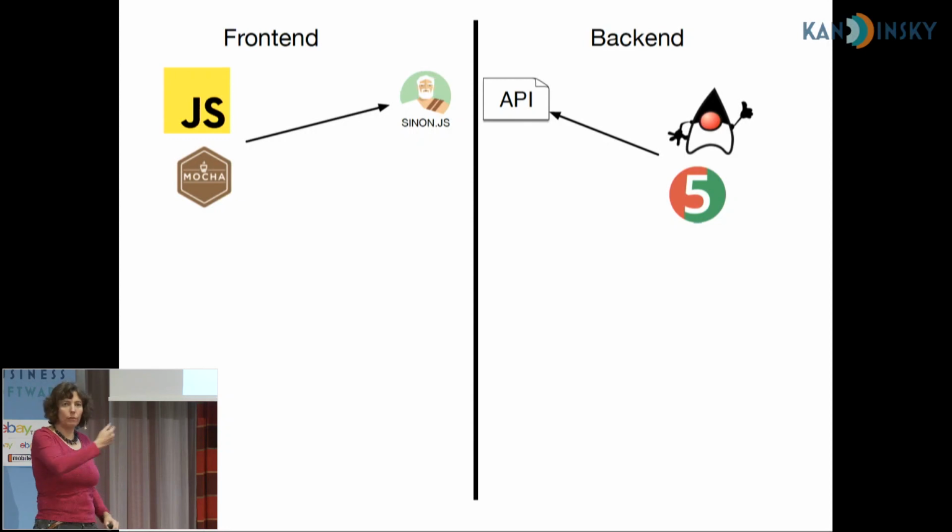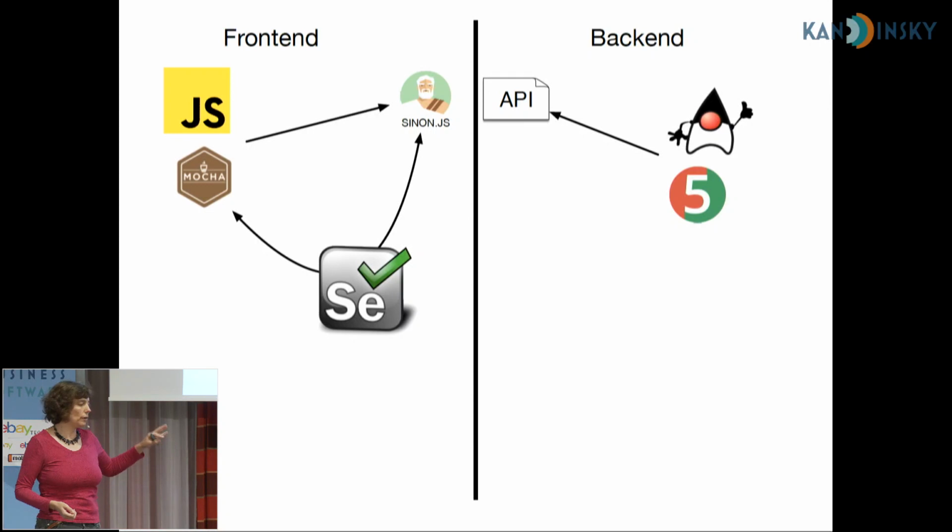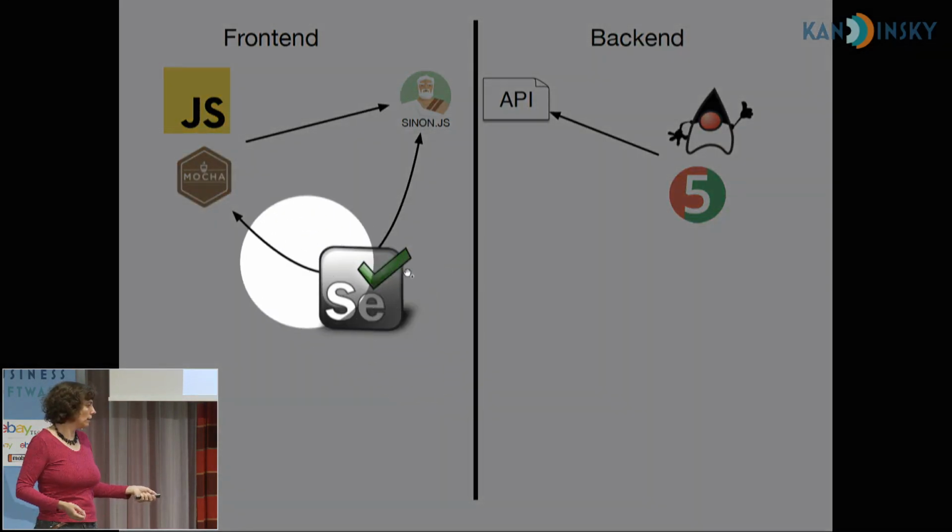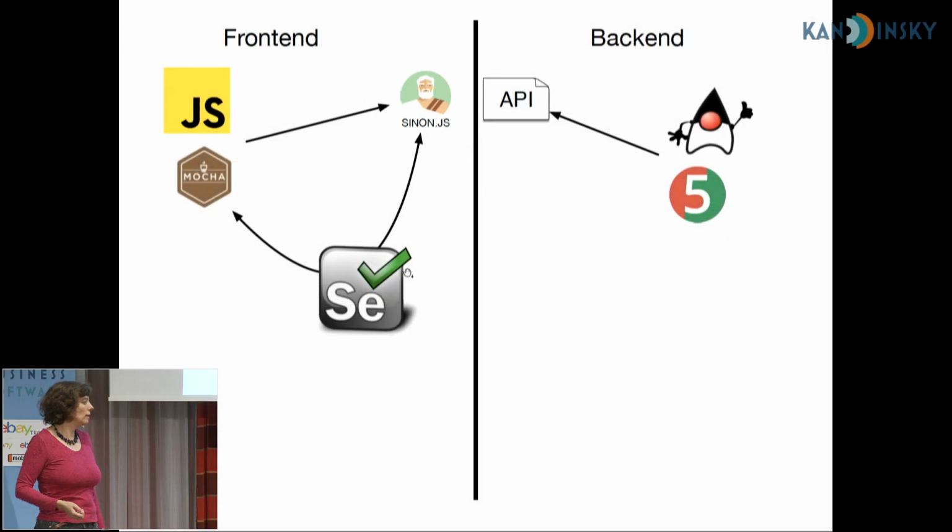The back end provides the API in the end, and the front end can always be run against this mock so we can see how it behaves. Then we can have integration tests, but this time we only run them on this side, between the front end and the mock.